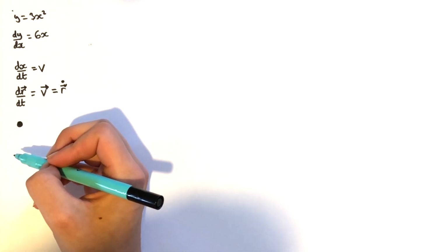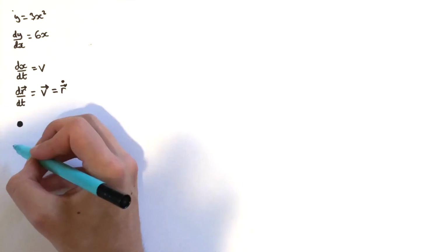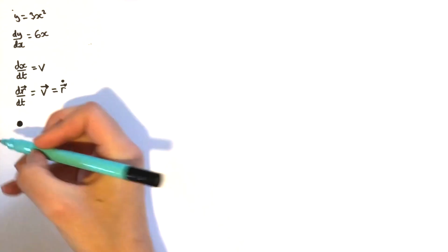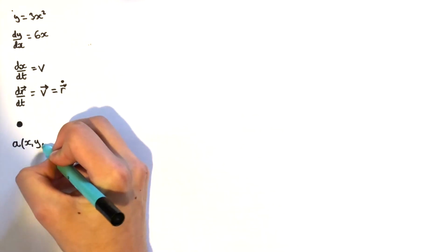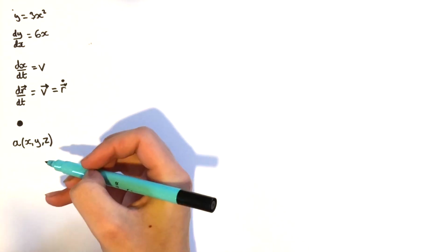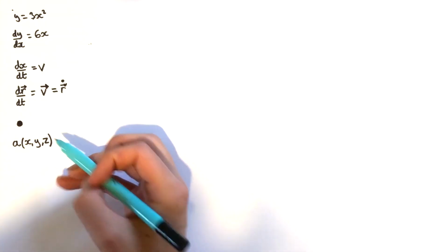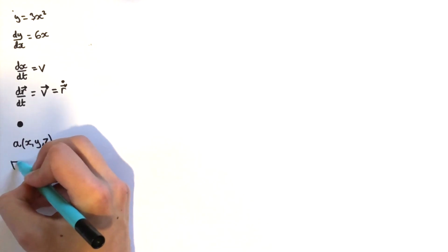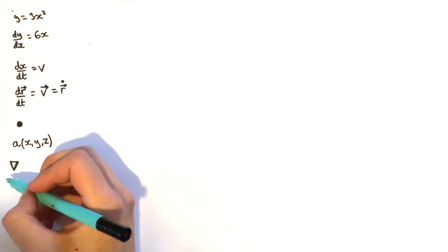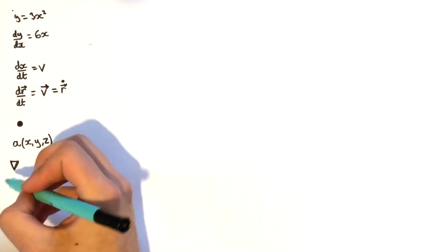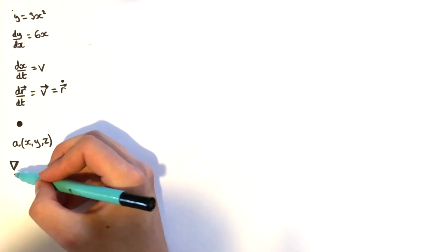Let's say we have a function which we can call a. It's a scalar function, and it's a function of all three position variables, so it's a function of x, y, and z. Now, the gradient of this function, which we normally write with this little funny upside down triangle, is the del operator. The actual symbol is called nabla, but mathematically we call this del.